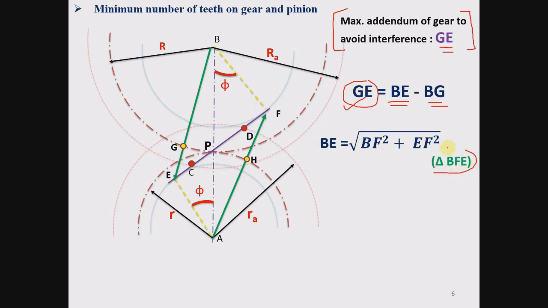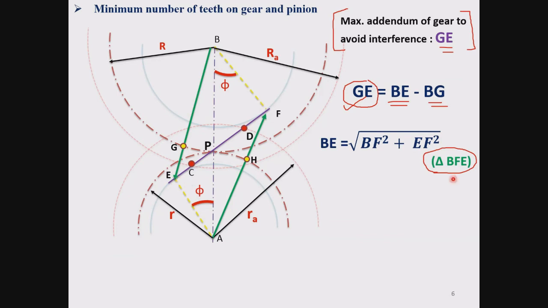Look at the triangle BFE. Triangle BFE is a right angle triangle at F. So using Pythagoras theorem, what we have? Square of hypotenuse, that is BE square, is equals to BF square plus EF square. Very simple.